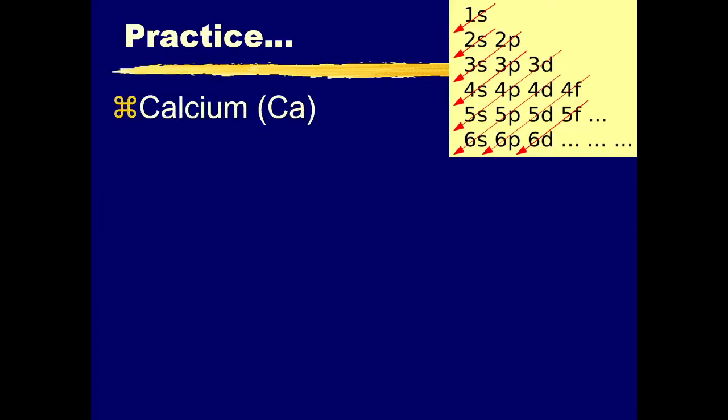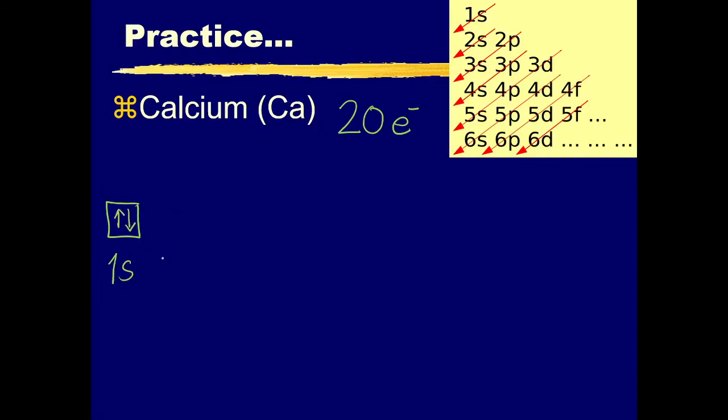What about the element calcium? The element calcium. What is the atomic number of the element calcium? 20. So therefore, naatay 20 kabuok electrons ana niya. Okay? So let's begin with 1s. Fill it up. Arrow up, arrow down.